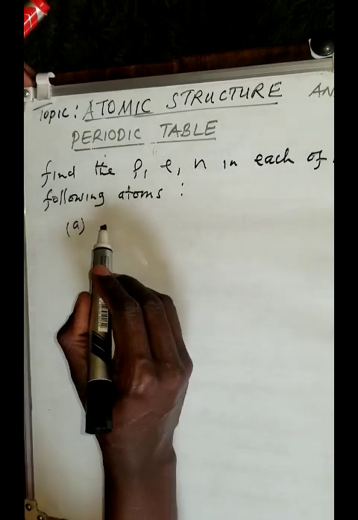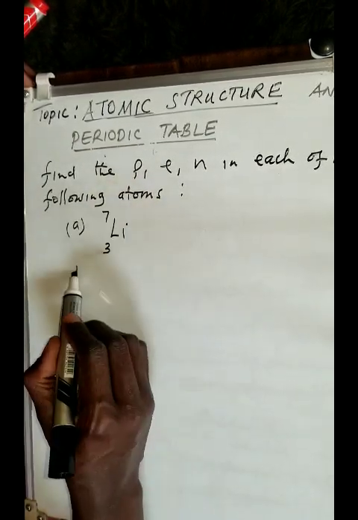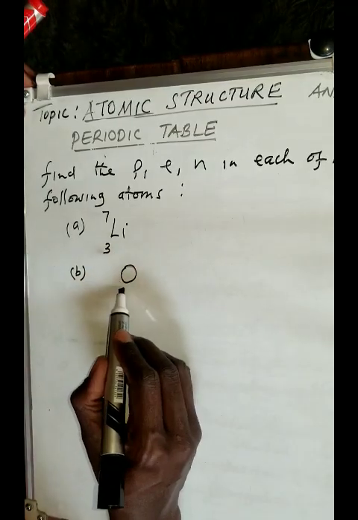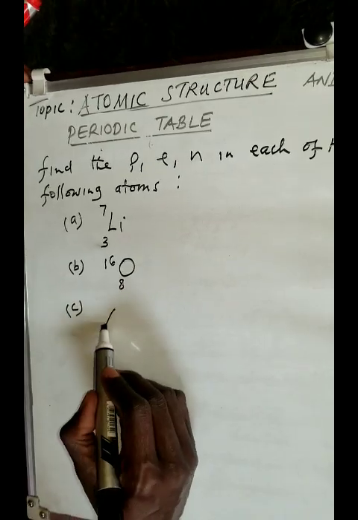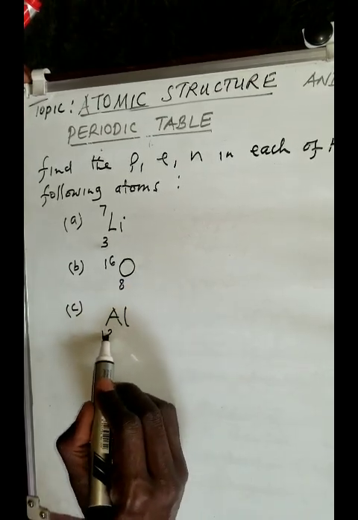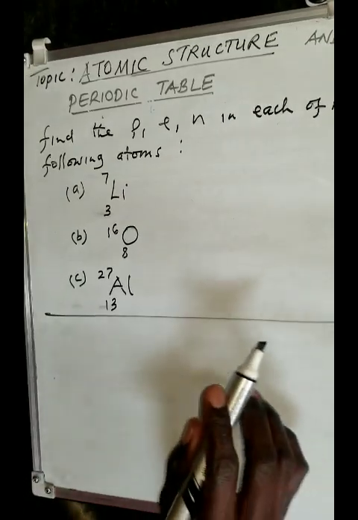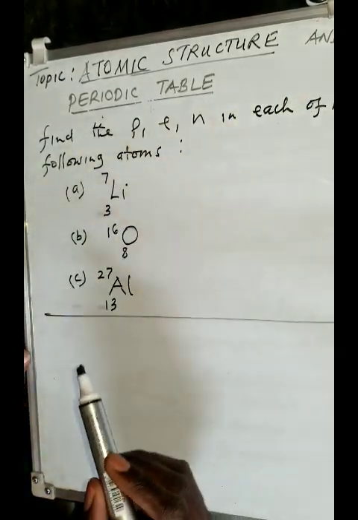A, you have lithium, if you go to the periodic table. B, oxygen, 8 and 16. Then C, aluminium, which is 13 and 27. All right, so now they want us to identify protons, electrons, and neutrons in each of the following.